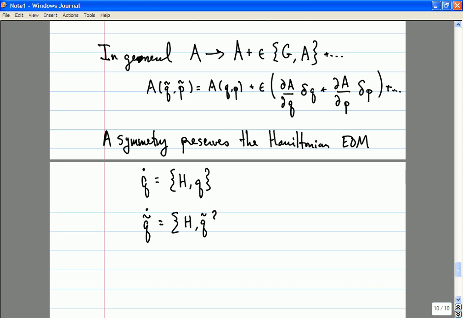which, if we consider a canonical transformation that is generated by some observable G, is the Poisson bracket of H with q plus epsilon times the Poisson bracket of G with q plus higher order terms. So that is equal to q dot, from the Poisson bracket of H with q, plus epsilon times the Poisson bracket of H with the Poisson bracket of G with q.